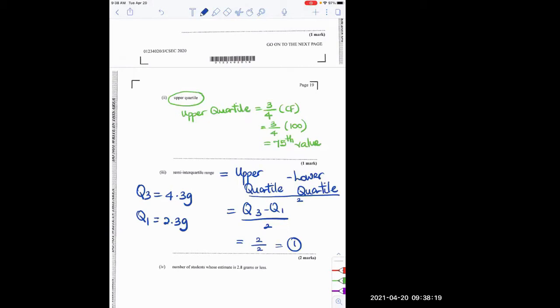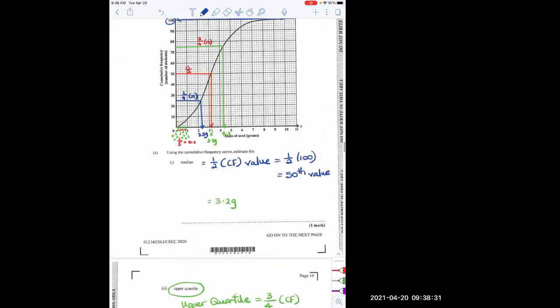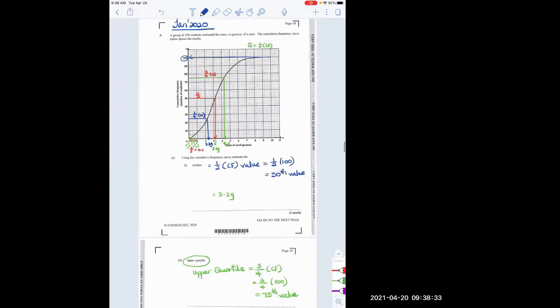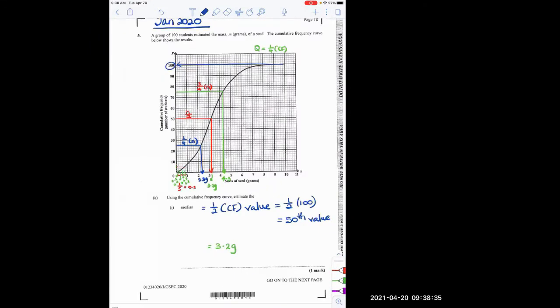Determine the number of students whose estimate is 2.8 grams or less. So, which axis is represented by grams? The X or the Y?